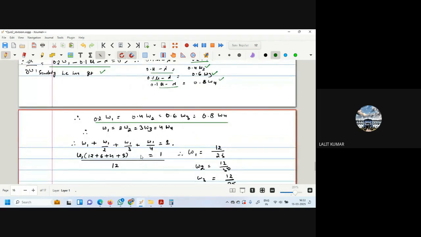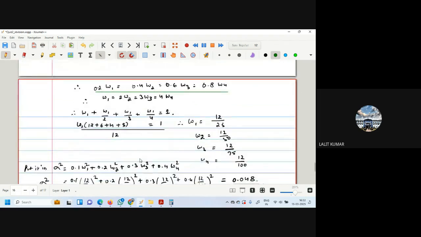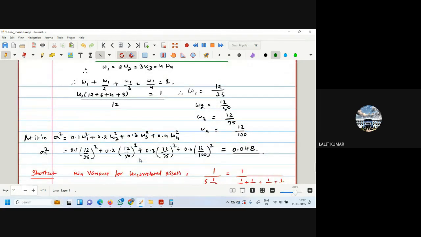From here you can calculate W1, W2, W3, and W4. Now put these into your variance equation and you get the answer. So I have given you both the formula and the way to calculate it with Lagrange. Is that okay?